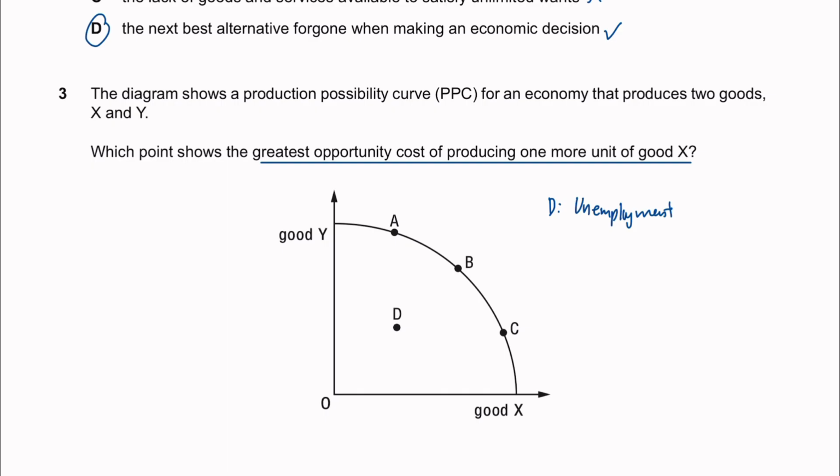So this also means that not all the resources are utilized in the economy.